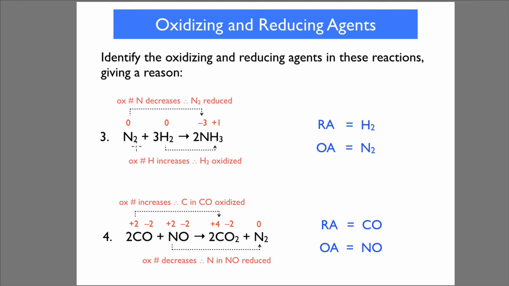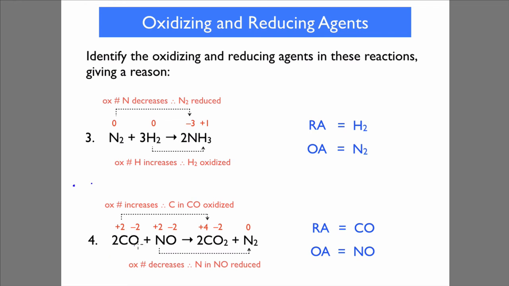We've got nitrogen here, oxidation state of the nitrogen atoms, 0 in this, and they are decreasing or reducing to -3 in ammonia, and therefore if it's being reduced, this must be the oxidizing agent. And the hydrogen here, 0 to +1, oxidation number of hydrogen is increasing, and therefore the hydrogen is oxidized, and so forth. This must be the reducing agent.